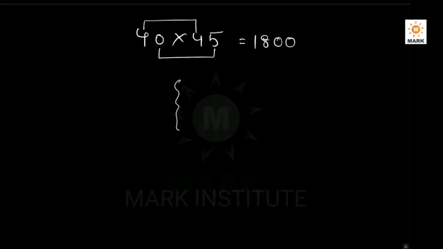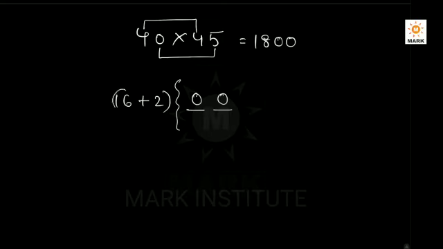Dividing the answer into two parts, the right side part should be 2 digits. 0 into 5 is 0, so I am writing 00. The remaining thing, 4 square, is 16. What is half of 4? Half of 4 is 2. So your answer will be 1800.